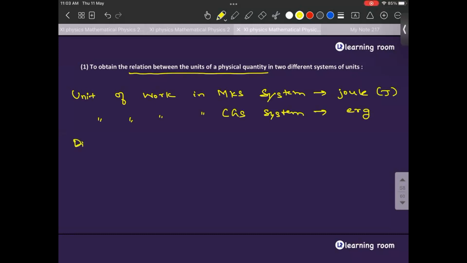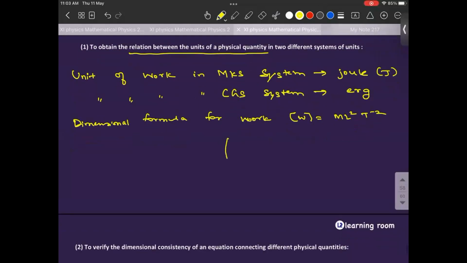And what is the dimensional formula for work? It is ML^2T^-2. Now I'm going to divide the page into two parts.